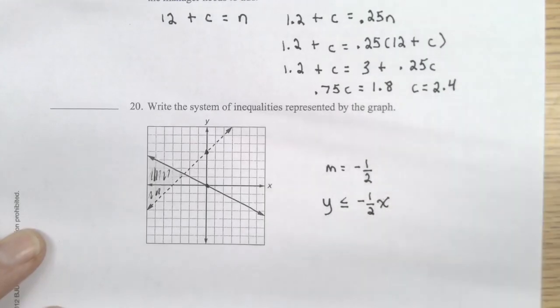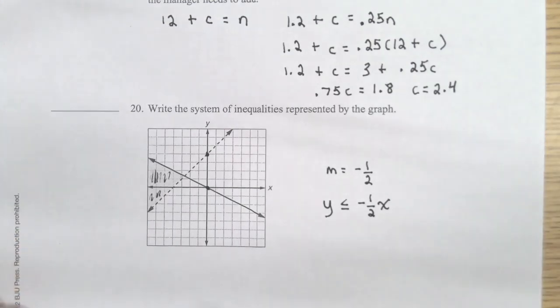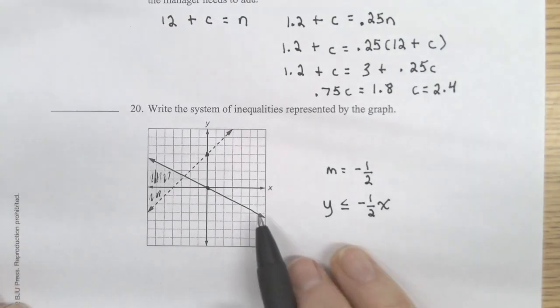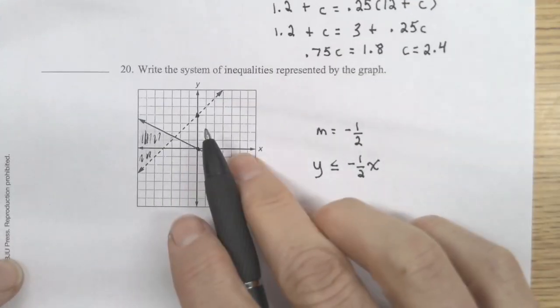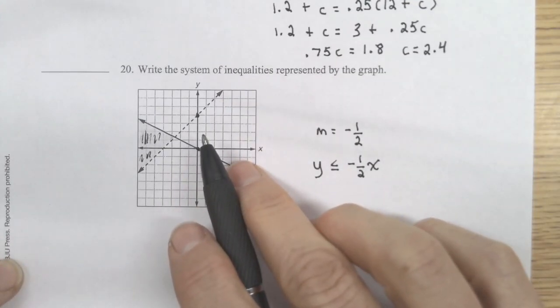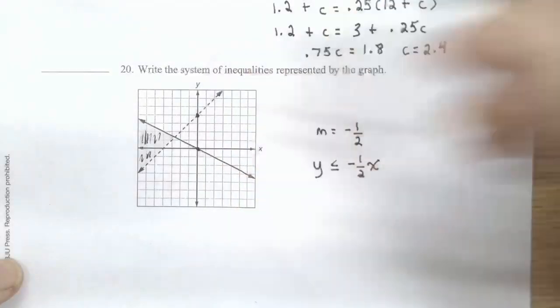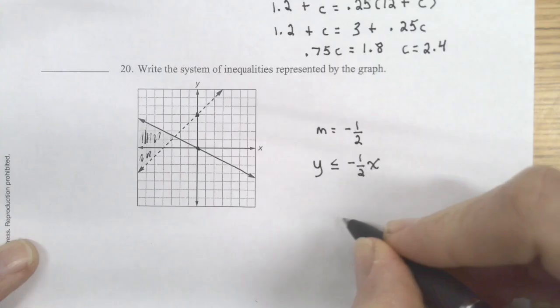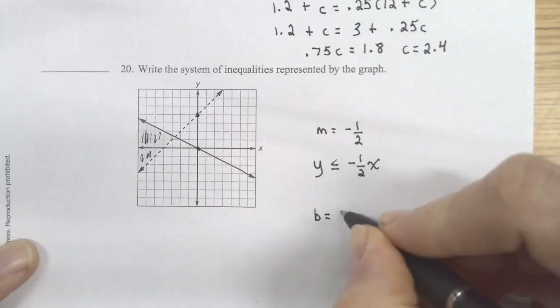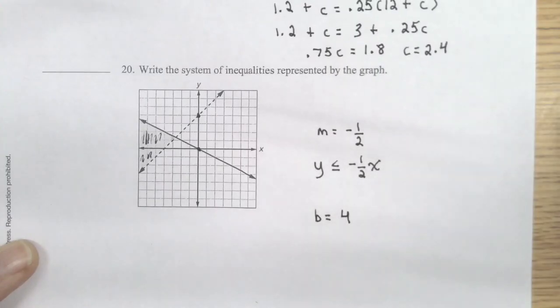That's it, because the y-intercept is at 0, 0. So there's nothing else I need to do for that line right there. All right, this one's going to be a little bit harder because the y-intercept looks like it's at 4. So the b for the second one, the y-intercept, is going to be 4.